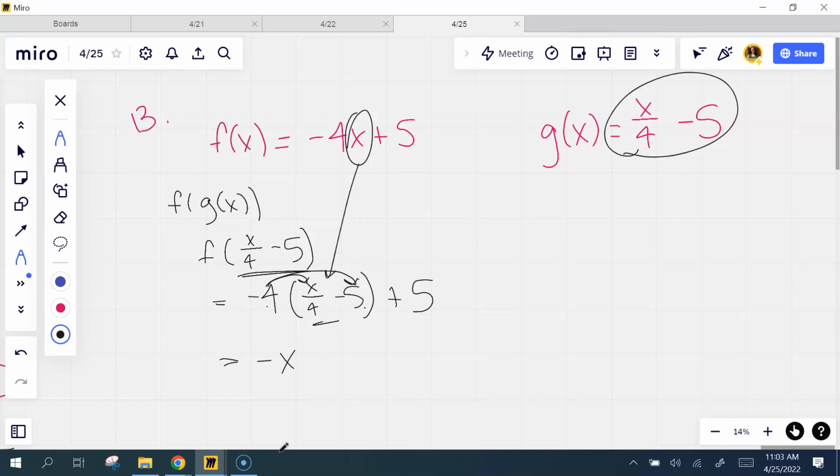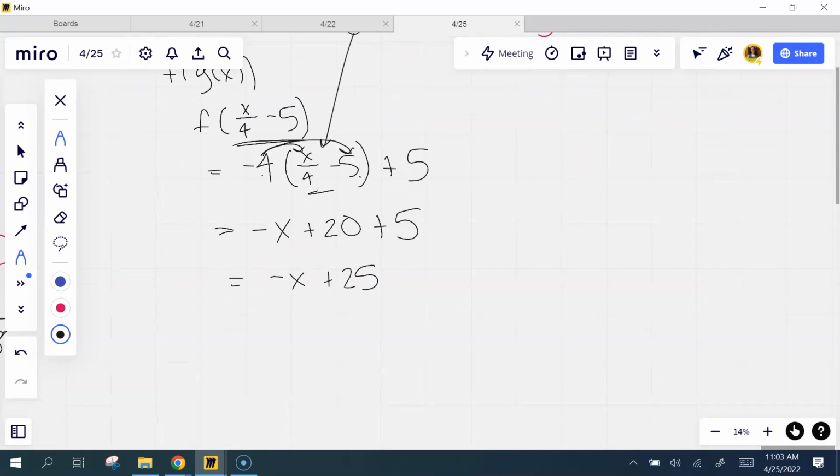Negative 4 times negative 5 is 20. That's what f of g of x equals.